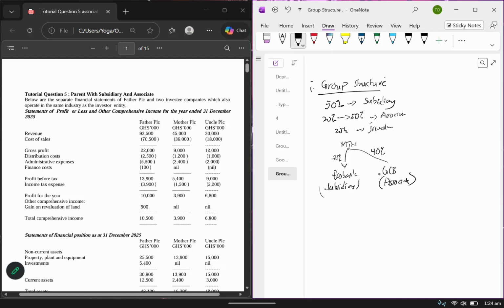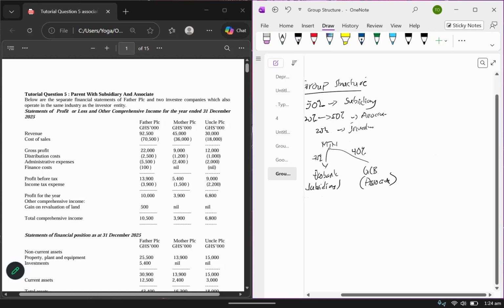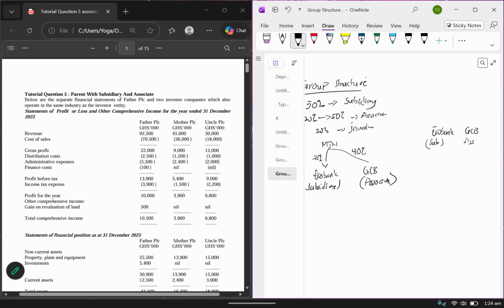With the presentation, normally I don't prefer to go by this. You can choose to do it this way, but I saw Mr. Gesinado doing a presentation where he brought the subsidiary here, in this case EcoBank, and maybe GCB. This is the subsidiary, this is the associate. Then he brought the parents here, NCI, and the other.